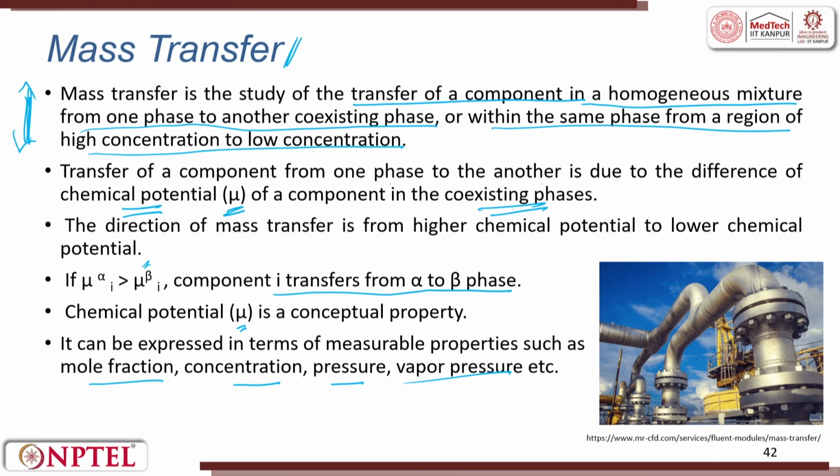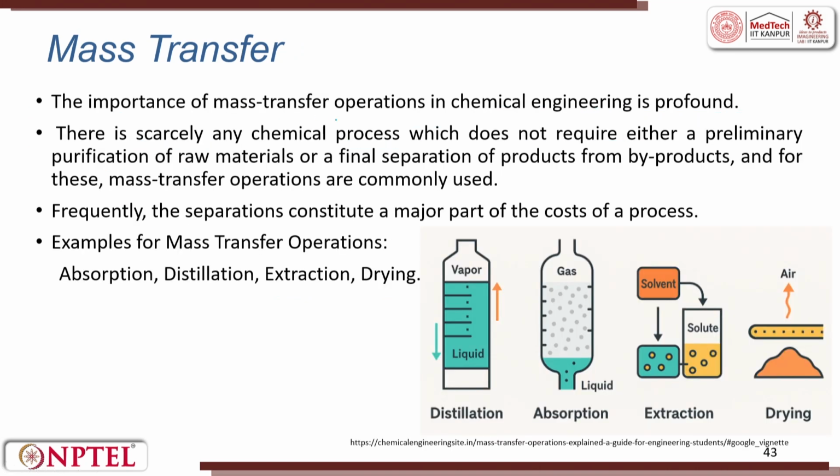So, mass transfer plays a very important role in processing industries. The importance of mass transfer operation in chemical engineering is profound. There is scarcely any chemical process which does not require either a preliminary purification of raw material or a final separation of products from byproducts, and for these mass transfer operations are commonly used.